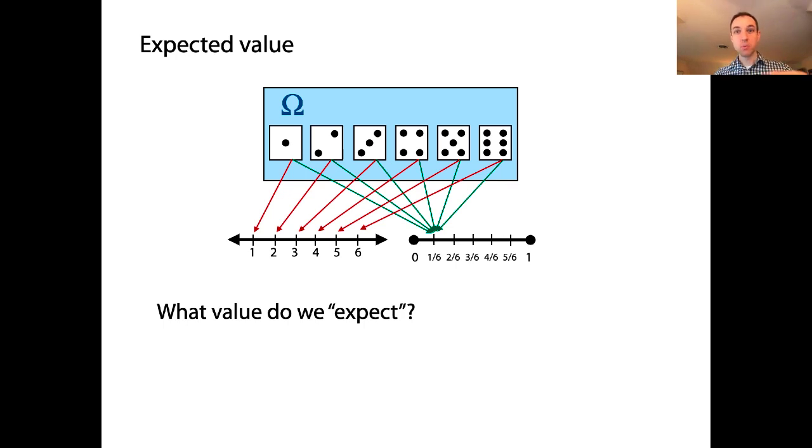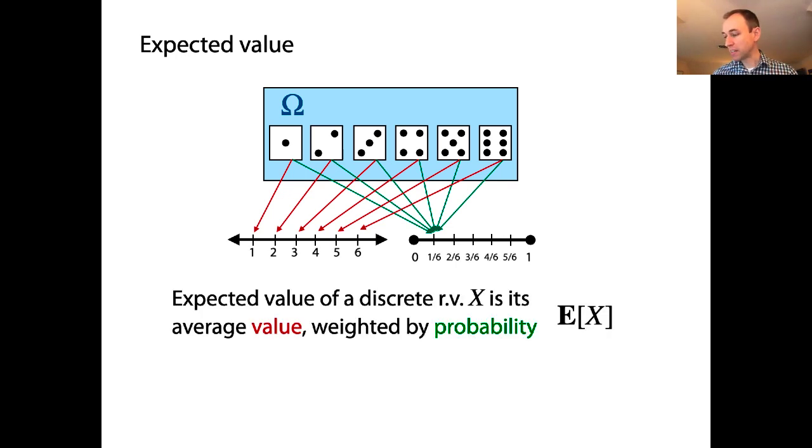And in fact, we can define the expected value of a discrete random variable as basically its average value, but weighted by the probabilities of the different values. Okay, so what do we mean by values? We mean the real numbers that the random variable maps the outcomes onto.